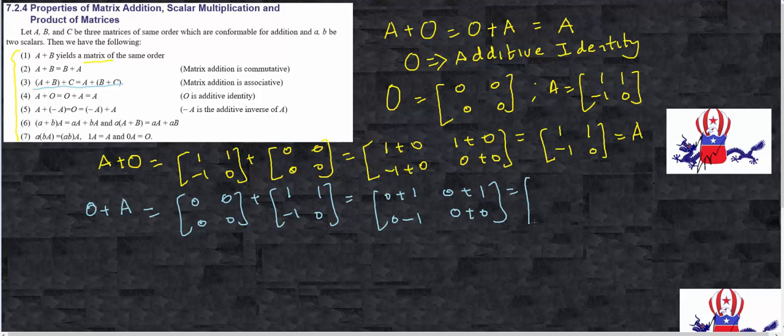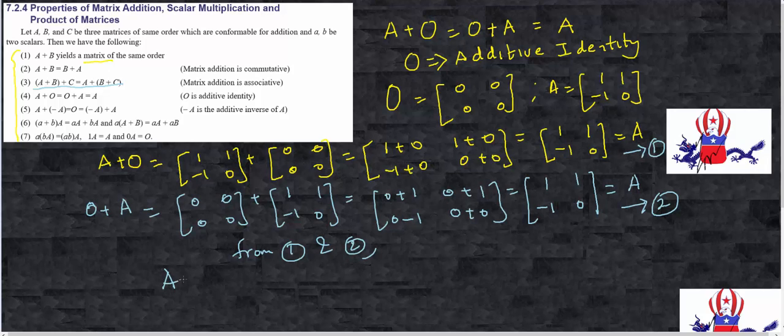This in turn would give us 1, 1, negative 1, and 0, which is also A. Now clearly, if I name this as 1 and this as 2, from 1 and 2 we can conclude that A added with 0 is equal to 0 added with A, which in turn is equal to the original matrix A.